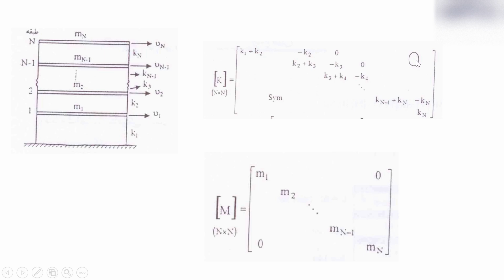And it means that in total you have only 3 lines of numbers, one line here, one line here, and one line beneath the main line. So this is the stiffness matrix, and this is the mass matrix.